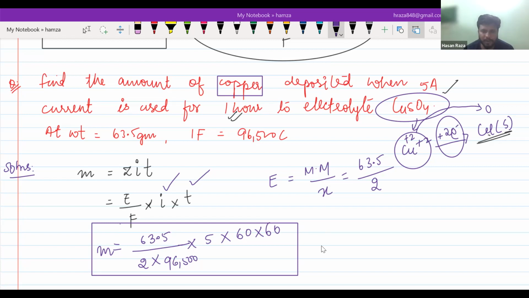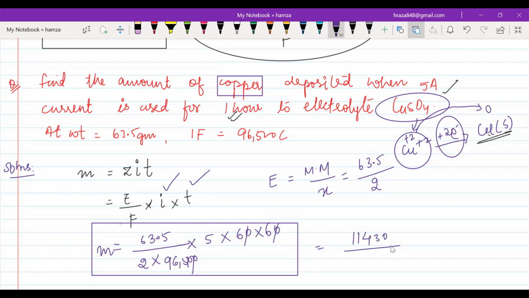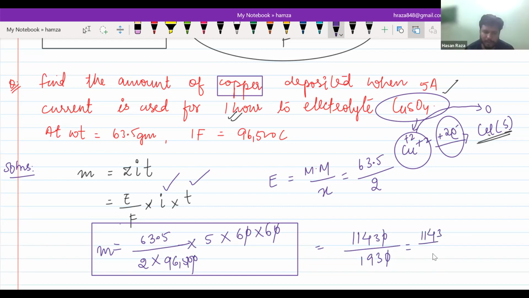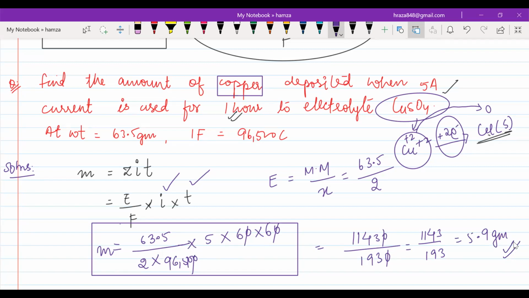If you cancel this, what we will get is 11430 over 1930. So it will be 1143 by 193. 1143 divided by 193 is 5.9 gram. This will be 5.9 gram. Is that clear? Yes, sir. Sneha, Hamza, very good.